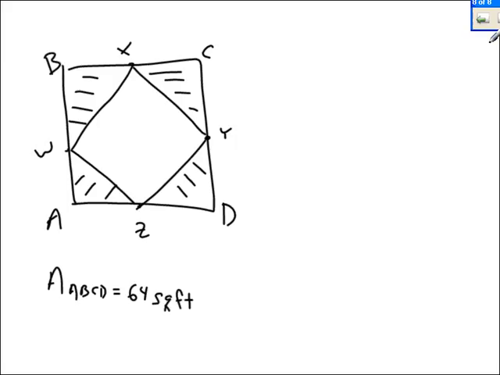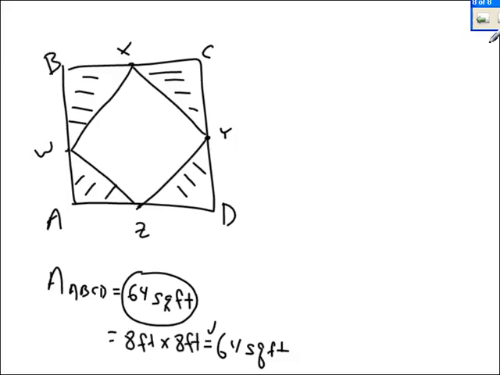I don't know if I said it, but ABCD is a square. And it turns out that if you square 8 feet, you get 64 square feet. That is each side of the square.